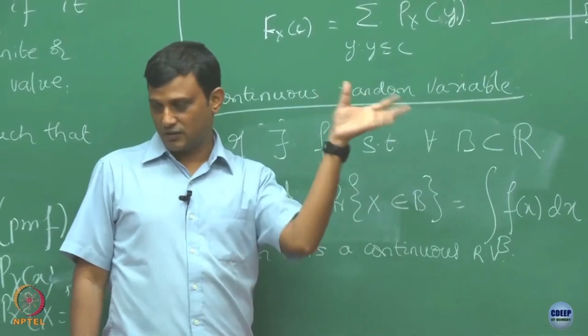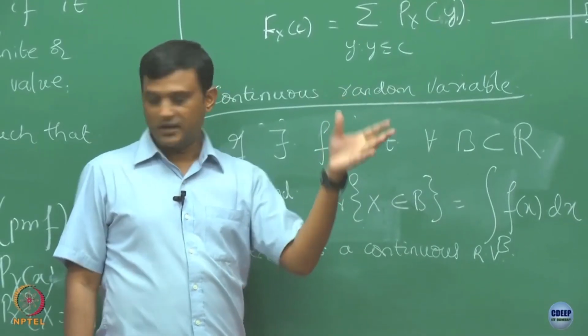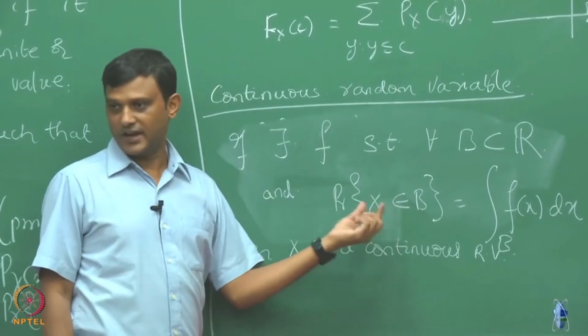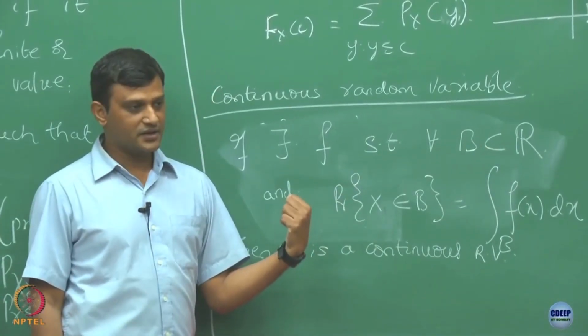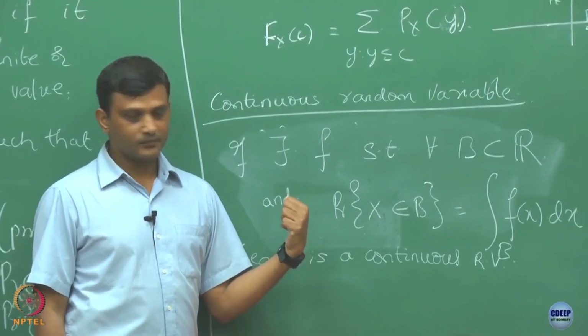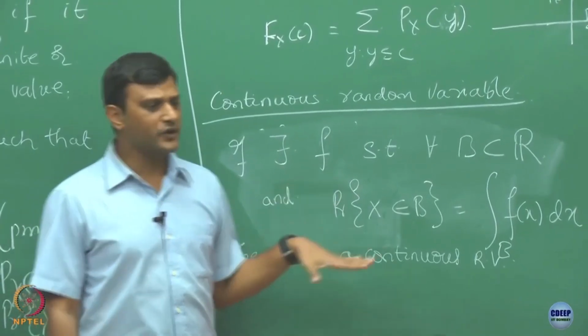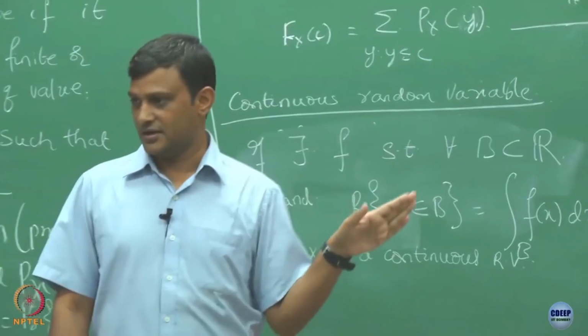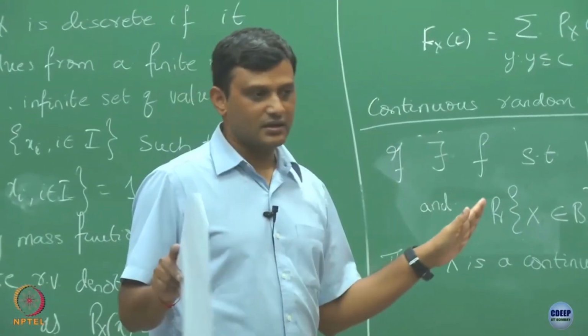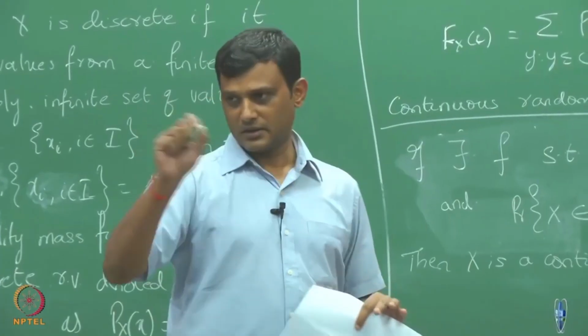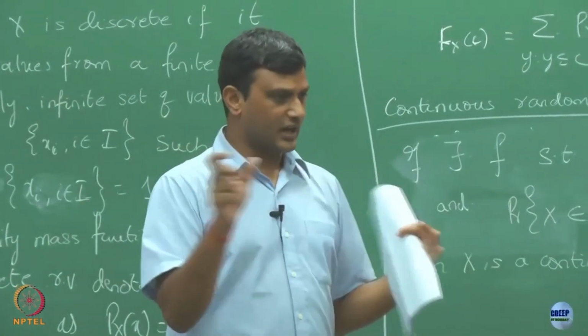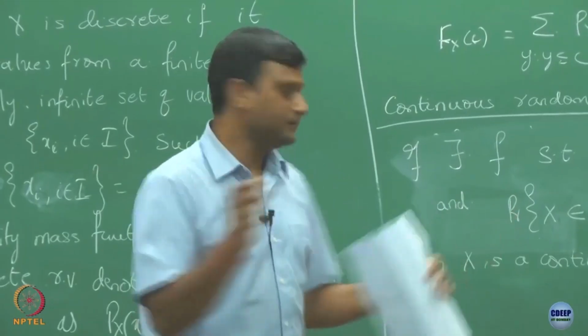It's not like you are going to ask it for any specific b. If this holds for any b that is a subset of R, then you are going to say that your x is continuous. Don't worry, this is just a formal definition, but what we mean by a continuous random variable is something that takes all continuous sets of values, okay.